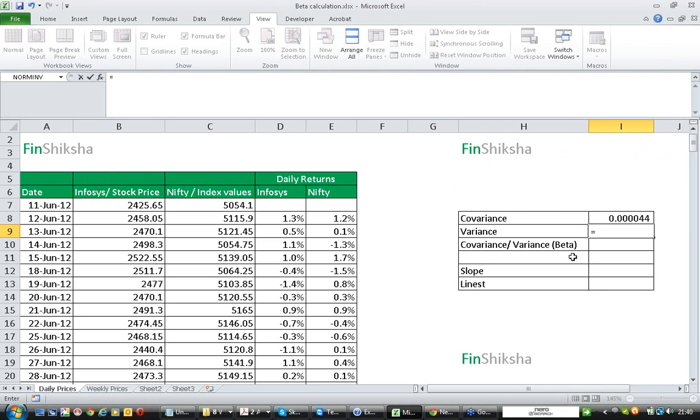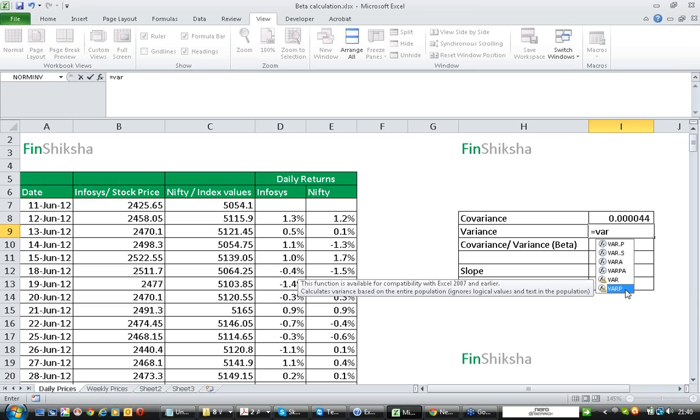Now we have to calculate variance of the market, that is Nifty. We have two variance functions in Excel. One is VAR and another one is VARP. VAR assumes that the variance is being calculated for sample and VARP assumes that the variance is calculated for population.